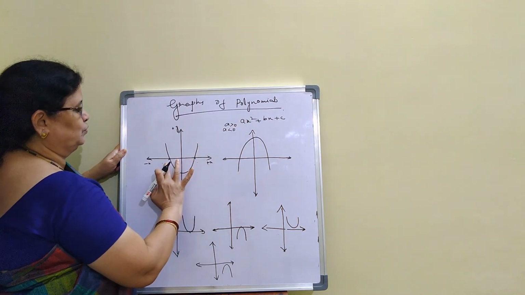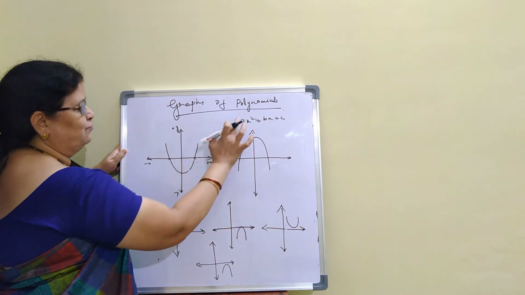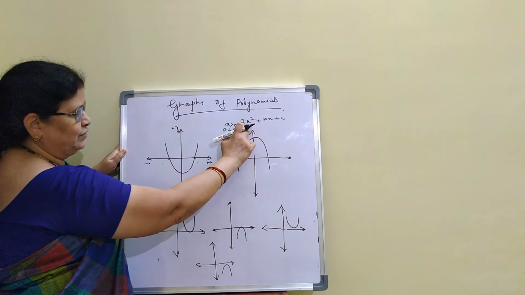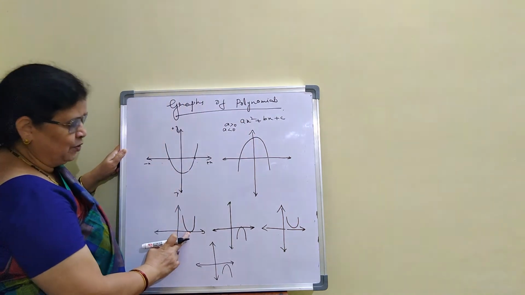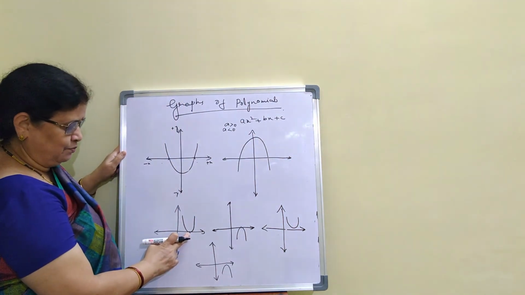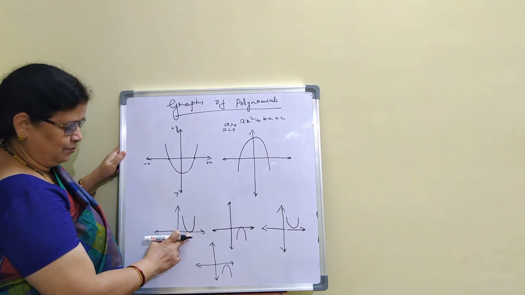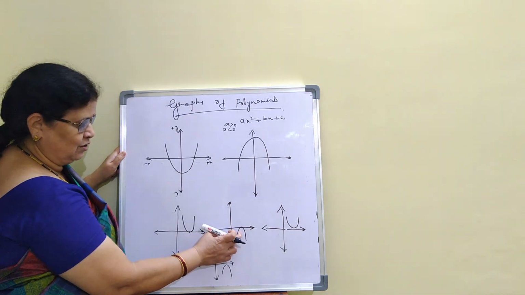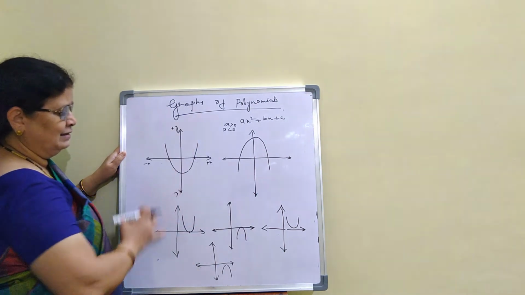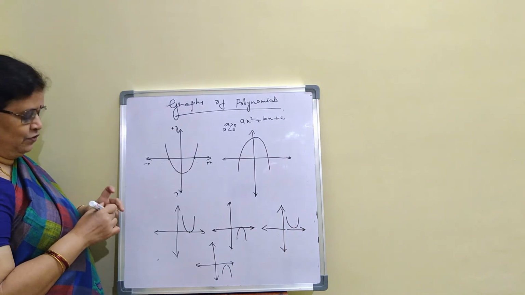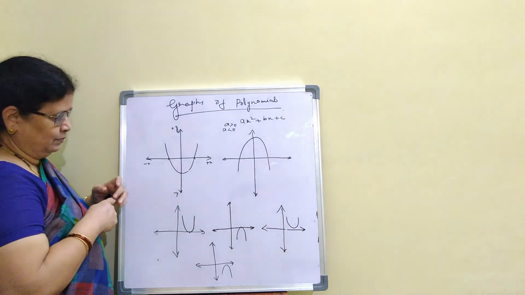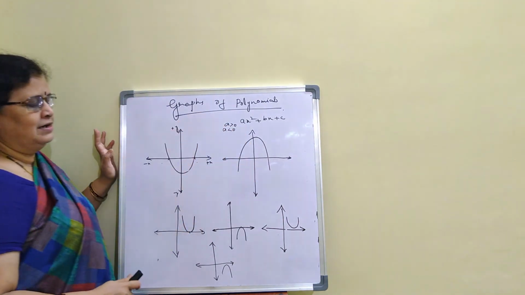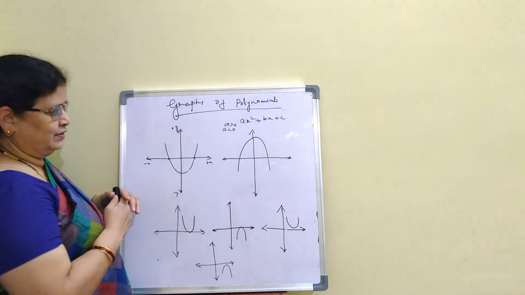We get two solutions for x for a quadratic equation in variable x. Here also there are two solutions, but both the roots coincide. So like this we get different types of graphs for different quadratic equations.